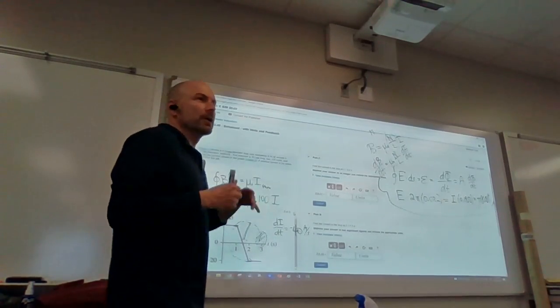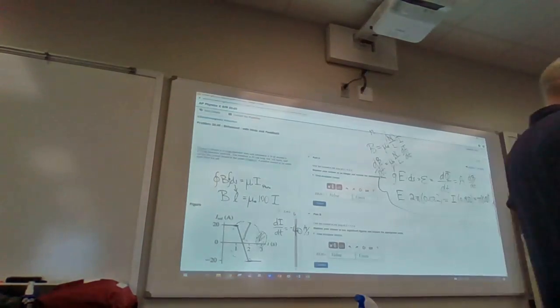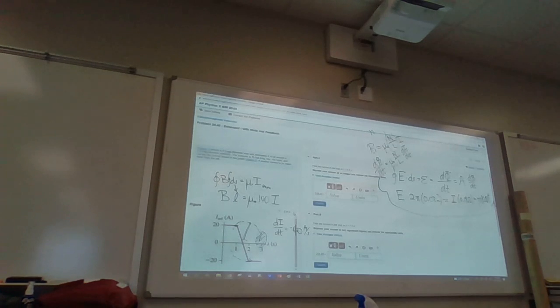So Ampere's law is used to figure out the magnetic field created by a current. Faraday's law is used to calculate the voltage or the electric field created by a changing magnetic field, which in this case is changing voltage created by that change. Good with that? Everybody good? Yes. Okay.